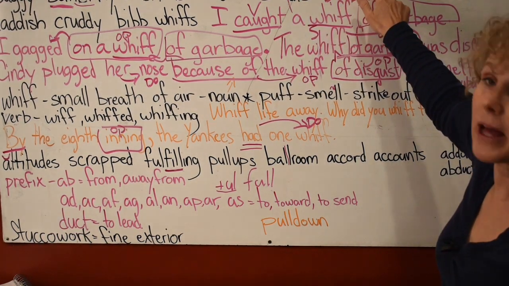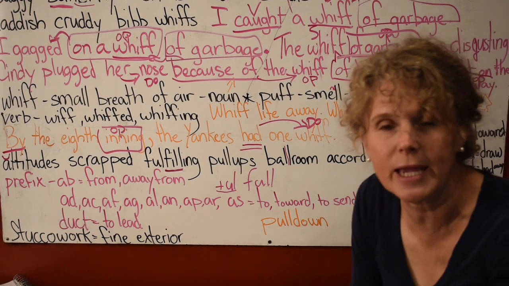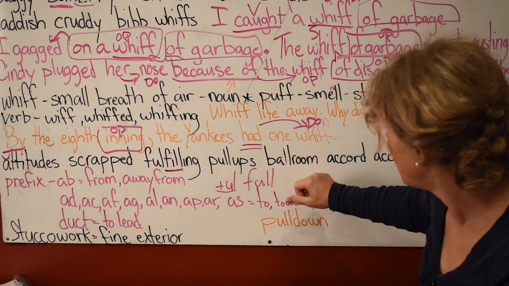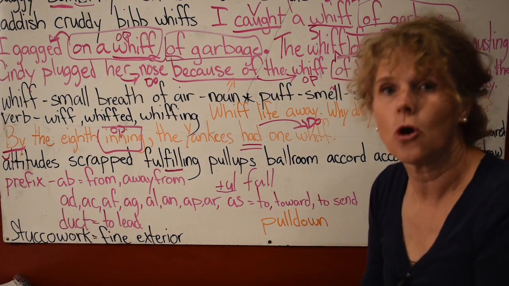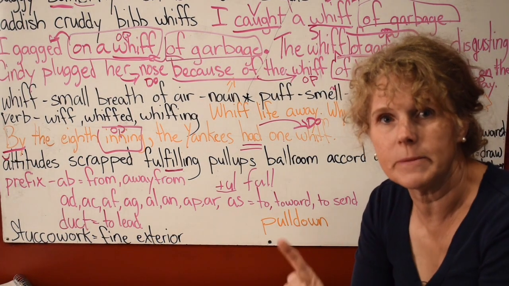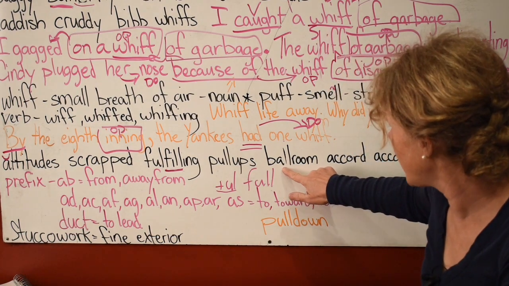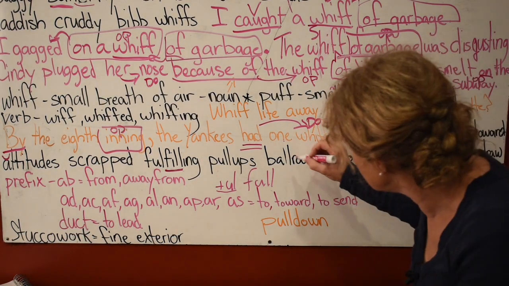When it has one vowel and it ends in an F, you do not break it where it has double L's or double F's or double S's or double Z's. You're not breaking it between those when you're trying to figure out your syllables. You are breaking it where the word breaks.